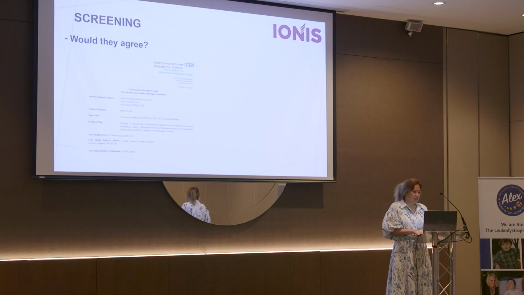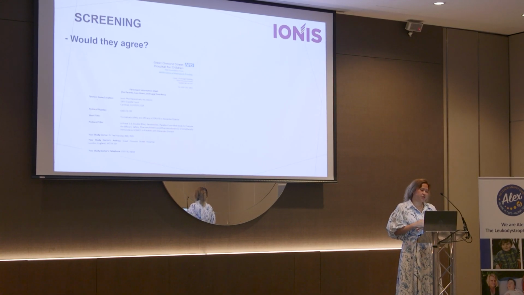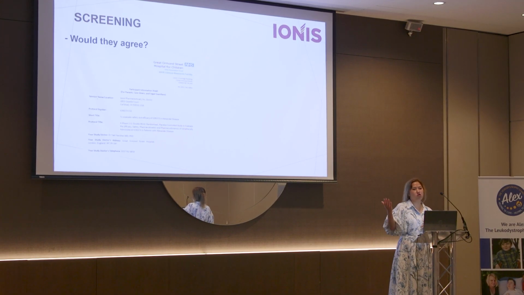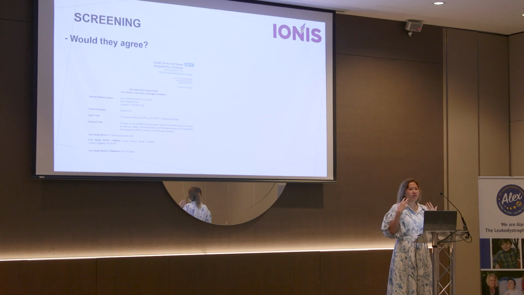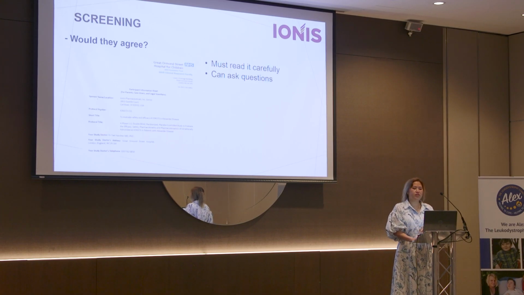Would they agree? Before the consent, we usually give the participant information sheet, called PIS, and this is like a 20-page document entailing what it involves, what is required, and all the fine print of the conditions. Obviously you need to read it very carefully when you're offered one, and you can ask questions anytime.